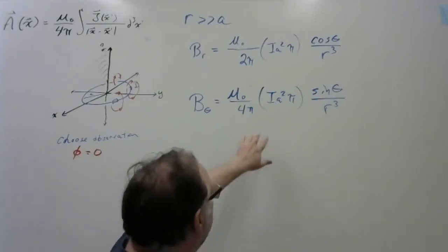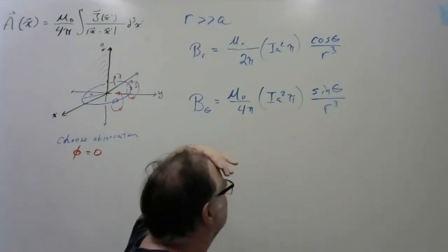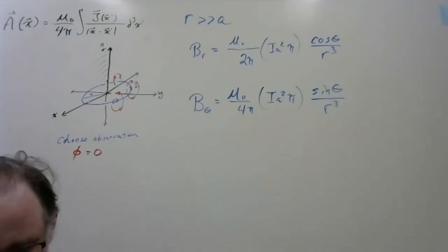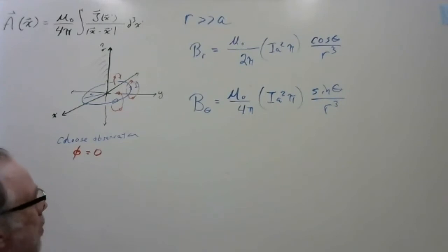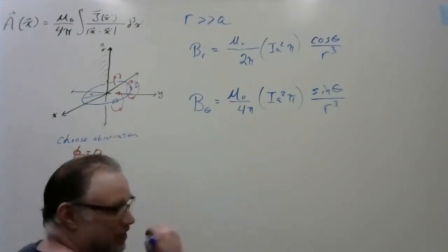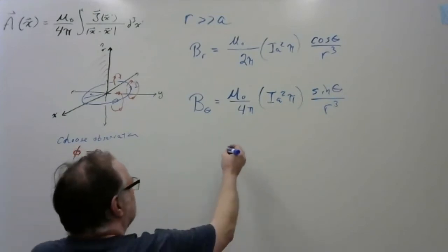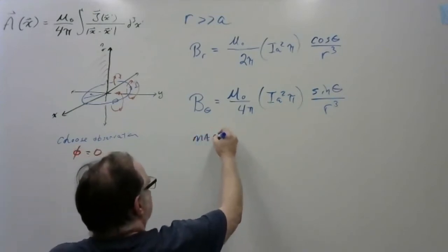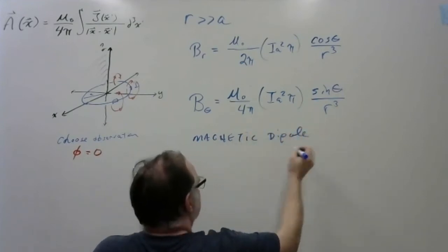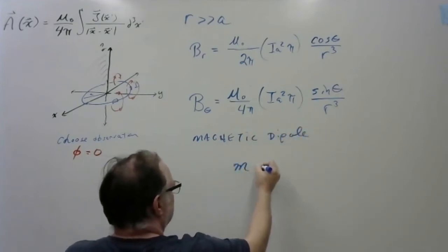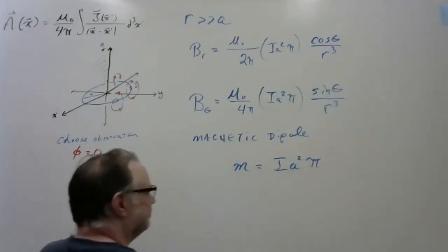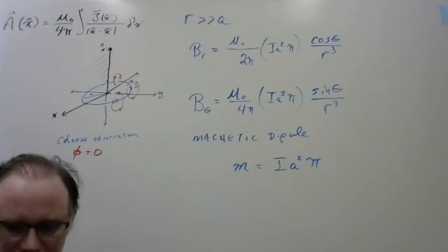This quantity right here is the magnetic dipole moment of our loop. So we're going to define our magnetic dipole as this. For that loop, that's our magnetic dipole.